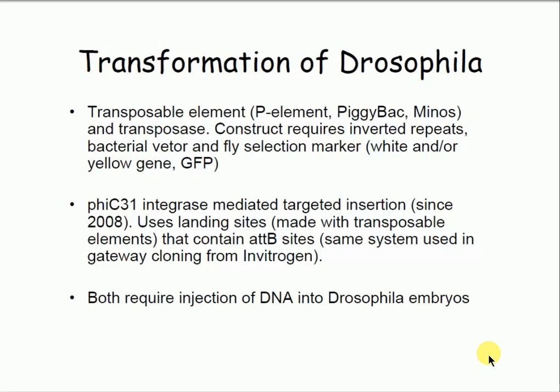And this is standardly used if we want to compare gene expression levels. So this was first used mostly in Drosophila, but now it's also used in other systems. And this attP site you might have come across is what Invitrogen sells as their Gateway cloning system. So you can use the same principle to clone things and swap inserts between vectors.